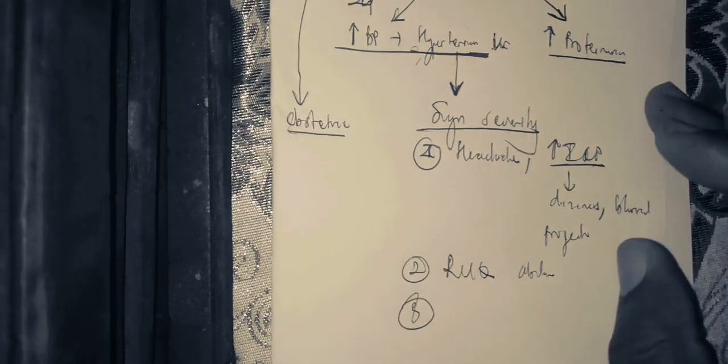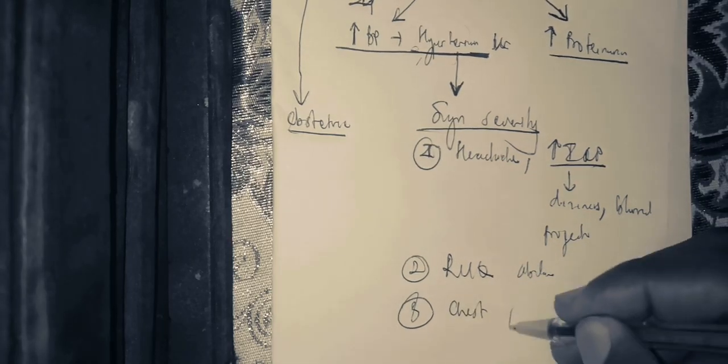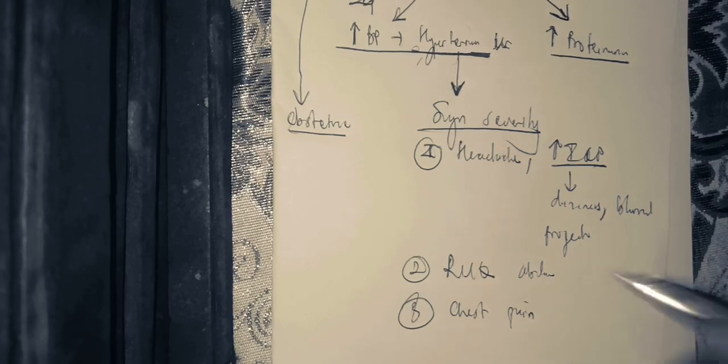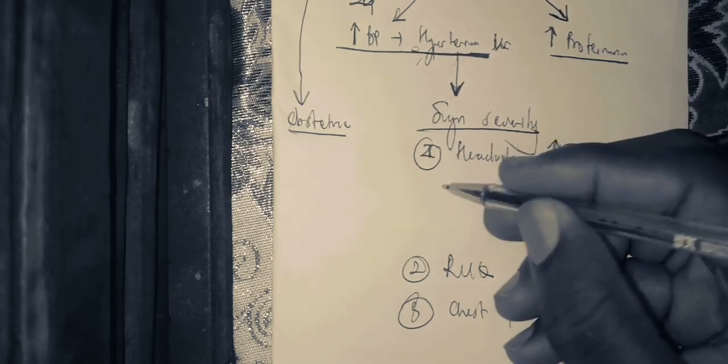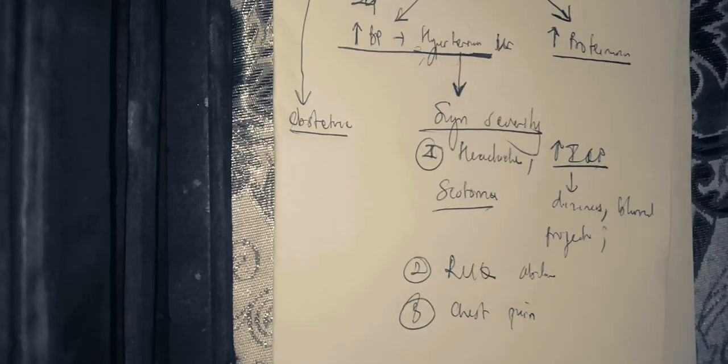Another sign of severity which is still related to hypertension is chest pain. So chest pain occurring because of any ischemic heart disease. Is it clear? So those are the things that the patient is going to complain of. We have also at the level of the central nervous system scotoma. Scotoma means that you have a dark spot at the level of the eye. Is it clear? So those are the different signs of severity that the patient is going to have.